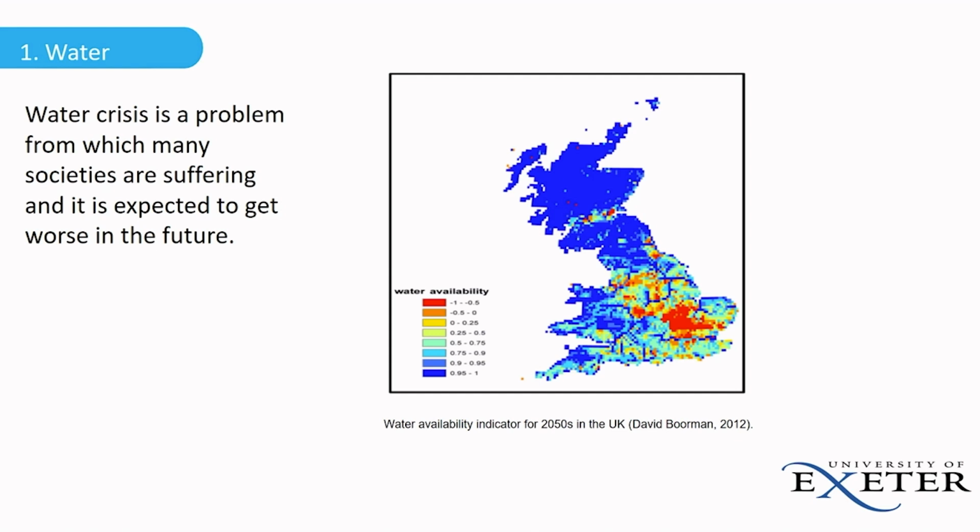You will be surprised if you know that even countries that are currently rich in terms of water will face water shortage in future. That's why we are seeking new technologies in engineering to overcome this problem.